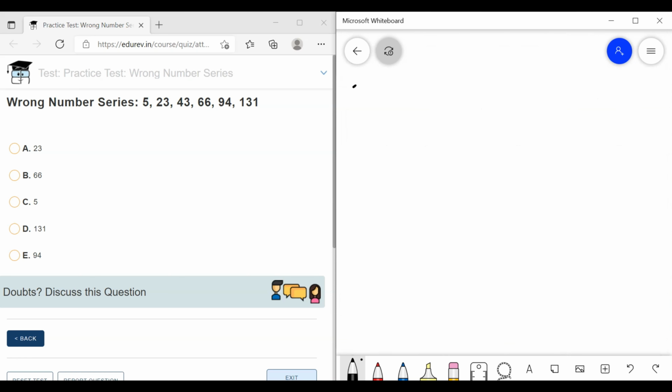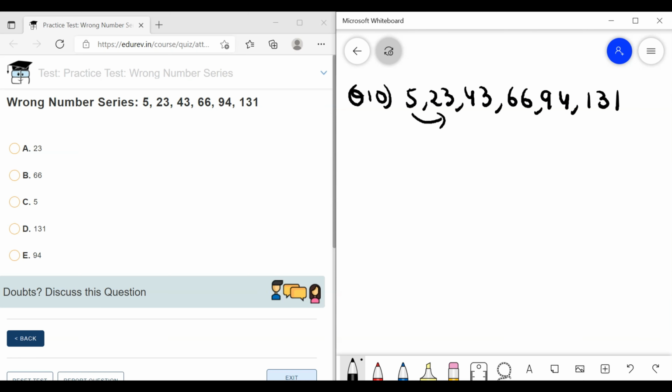Okay. So for question number 10, we have here 5, 23, 43, 66, 94 and 131. Okay. And as you can see that it is not increasing at a very huge rate. So we can easily assume that it's a different series for now. Now how do we go from 5 to 23?